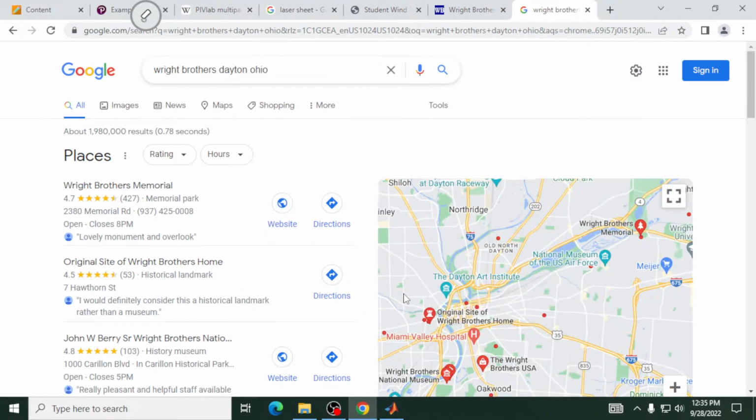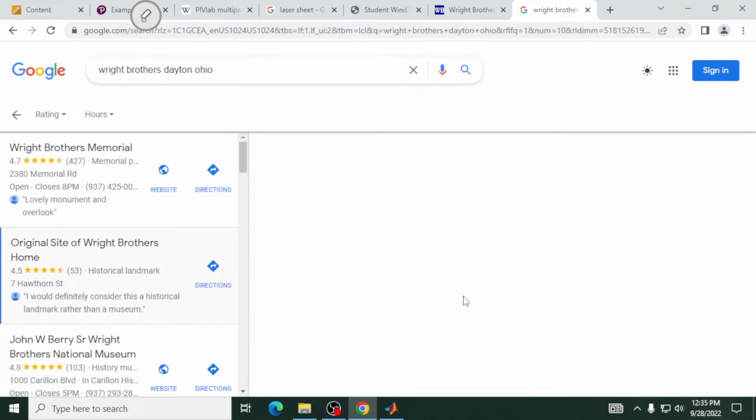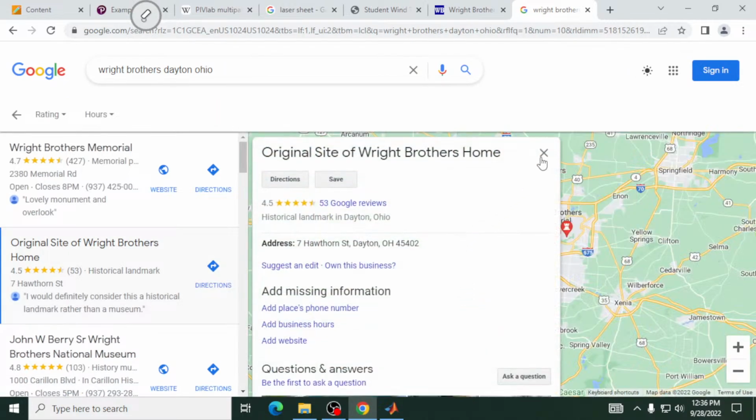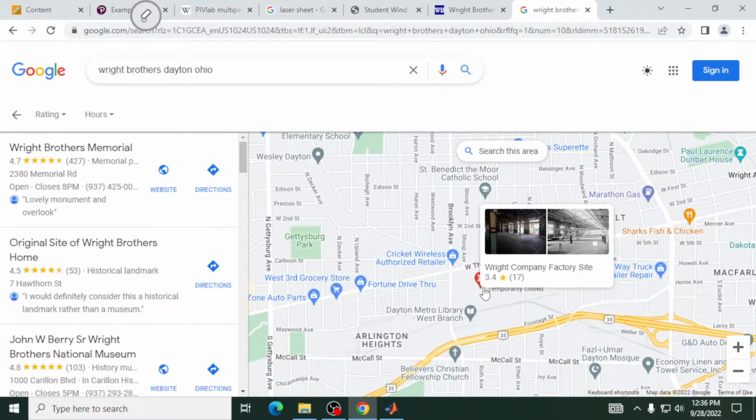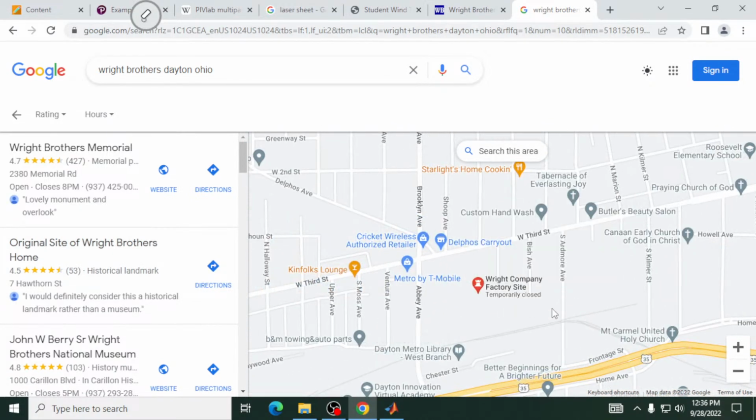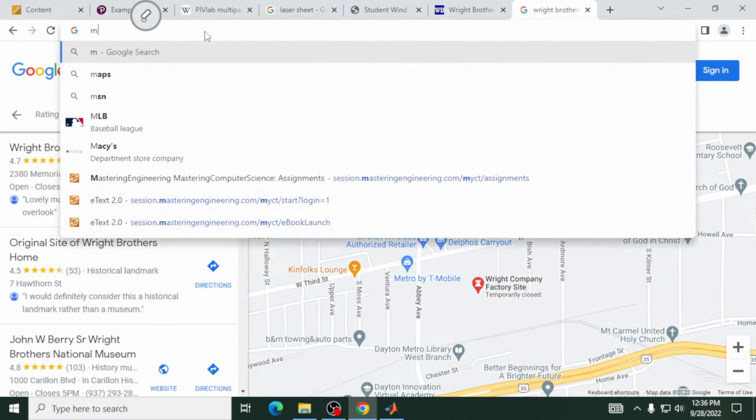Let's see. What if I just click that original site of the Wright brothers? Okay, there we go. Okay, so this is not. This is math. Okay, so I'll tell you what.